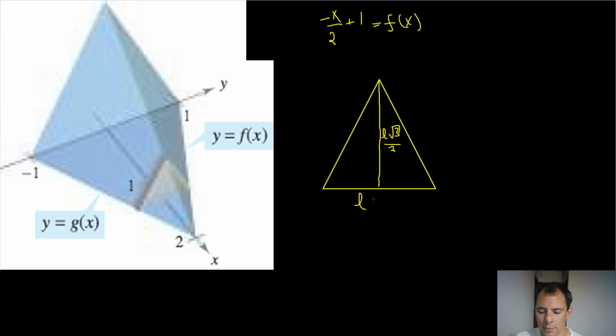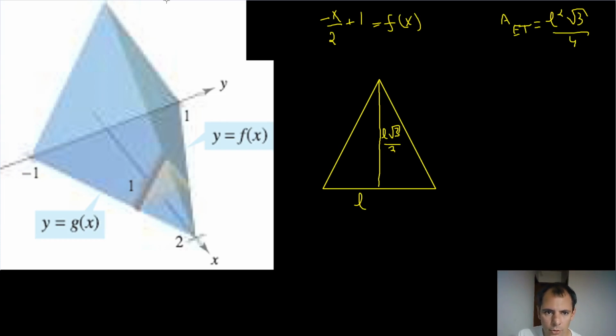So it's the base times the height divided by 2. So the area of an equilateral triangle is L squared times square root of 3 divided by 4.